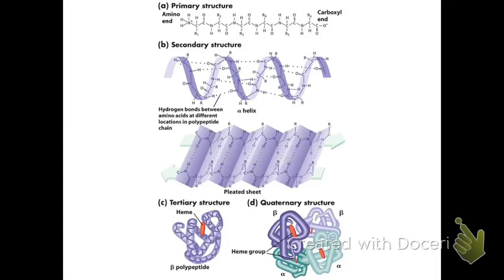And then sometimes the tertiary structures of one protein will form a bond with a tertiary structure of another protein, and that will end up creating a quaternary structure, or a gigantic protein. And so we'll look at each one of these levels in more detail.